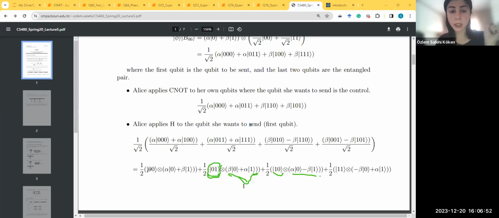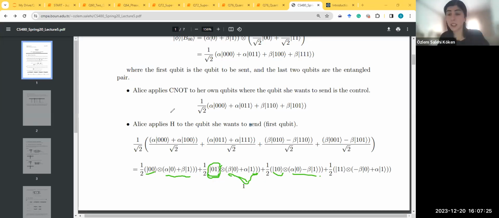For instance, if Asya makes the measurement and she observes 0, 0, then check this quantum state. This is exactly the quantum state Asya wanted to send to Balvis. So if Asya observes 0, 0, then Balvis exactly gets the quantum state Asya wanted to send, while Asya loses this quantum state.